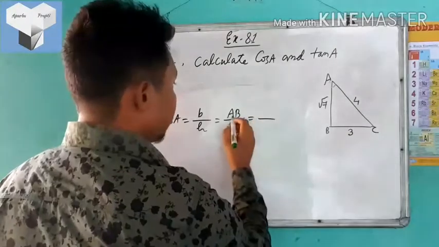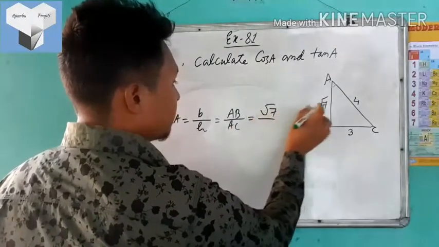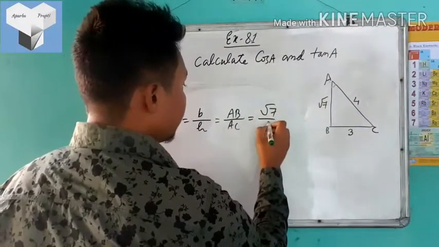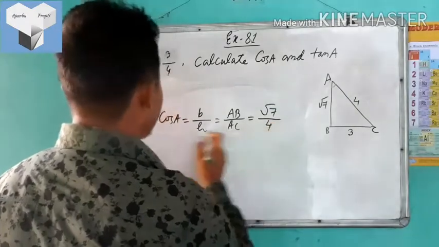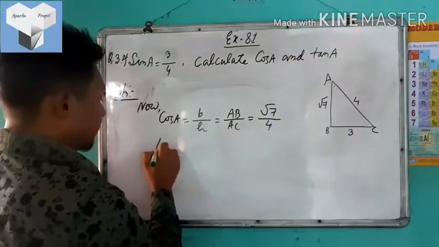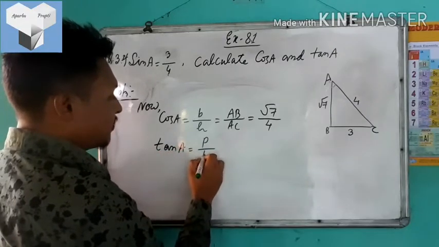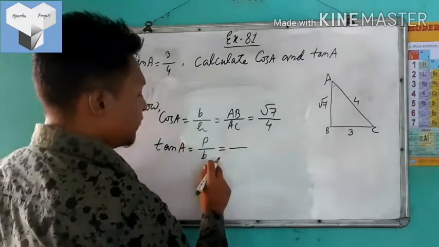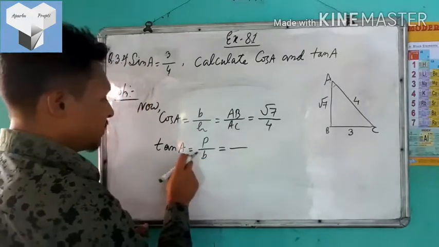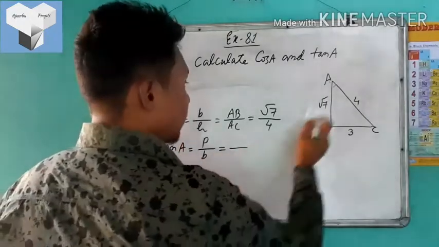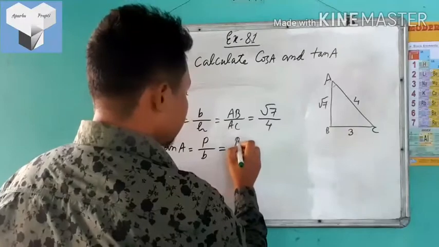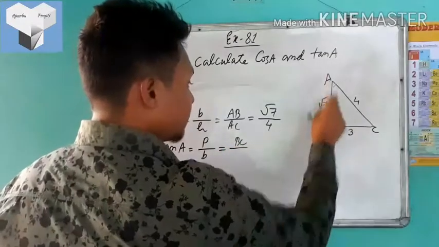Put the value simply. AB is root over 7, AC is only 4. So this is the value of cos A. As well as the value of tan A will be P by B. P means perpendicular, B means base with respect to the given angle A. Here the perpendicular is BC and the base is AB.